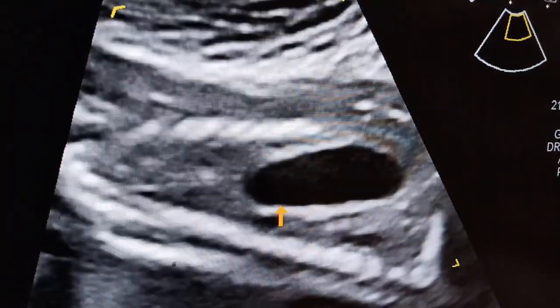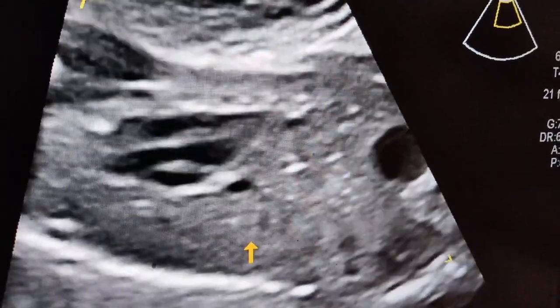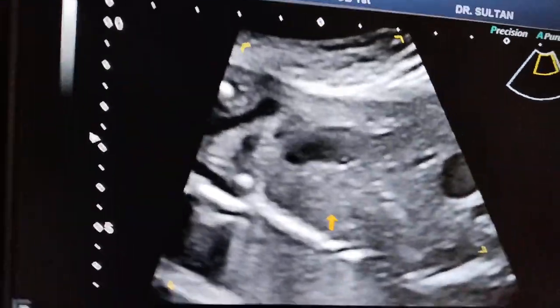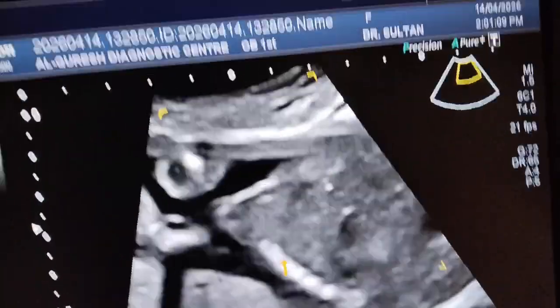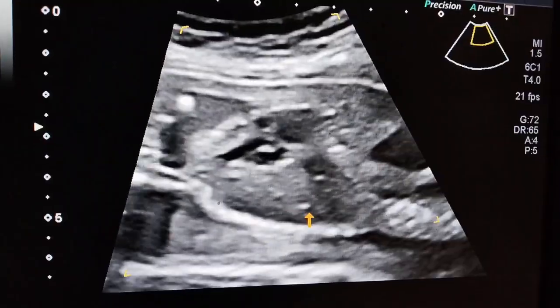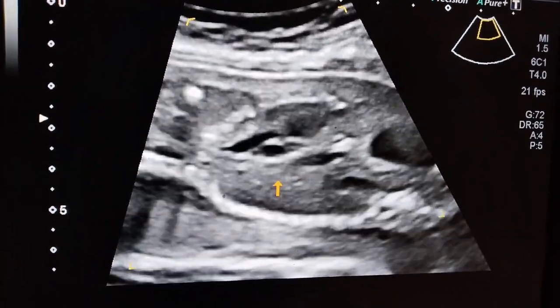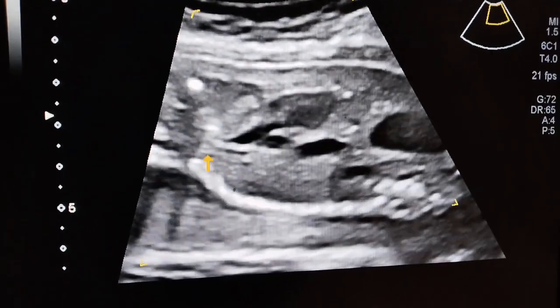So let's see this one. You can appreciate this is the liver, and this is going all the way towards the thoracic region.